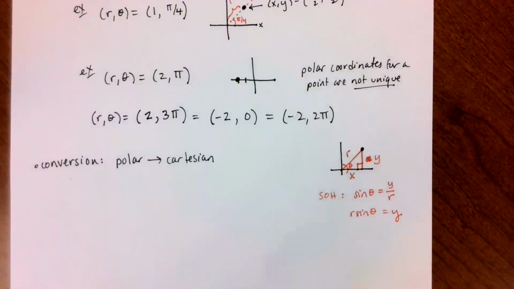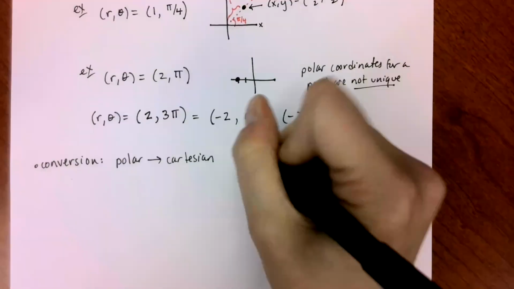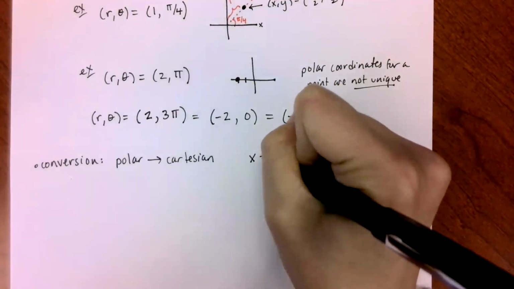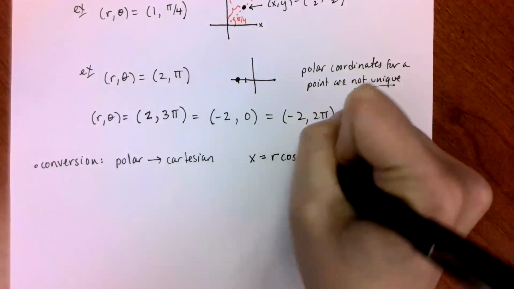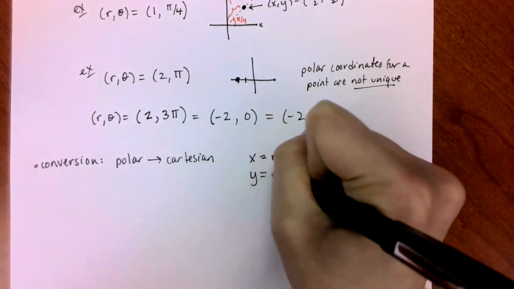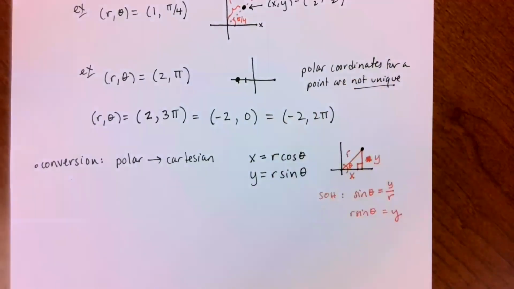If we do CA, we would get a similar statement, but with x and cosine. And that leads us to the two important equations here. So the x value of the point would be r times cosine theta. The y value is r times sine of theta. And this is true even if the radius r was negative. These formulas still work and kind of take care of themselves.